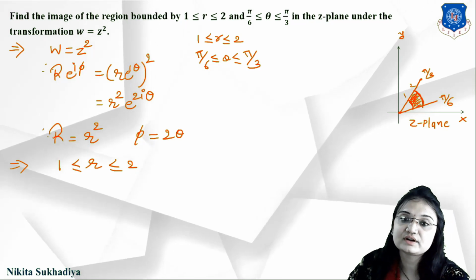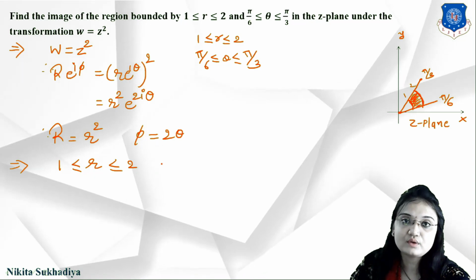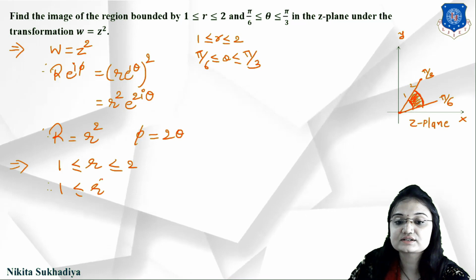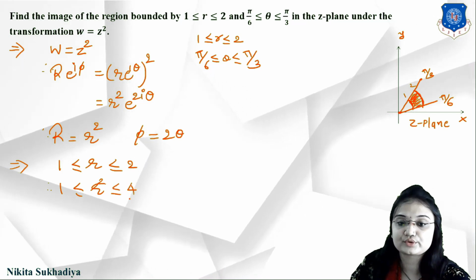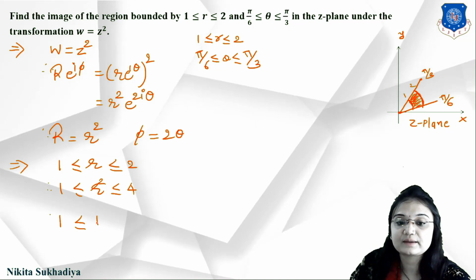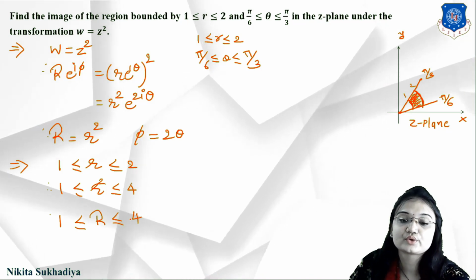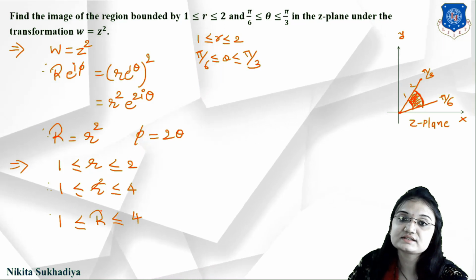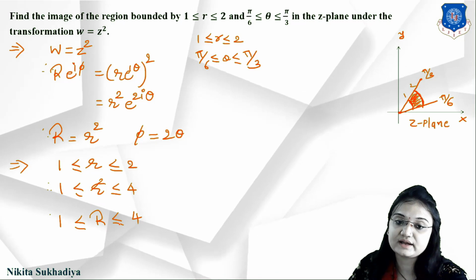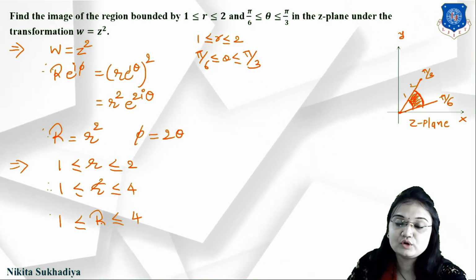To find the radius of the W plane, we have to square all terms, so this becomes 1 less than or equal to r square less than or equal to 4, which is 1 less than or equal to capital R less than or equal to 4. This is the radius representation of the W plane.